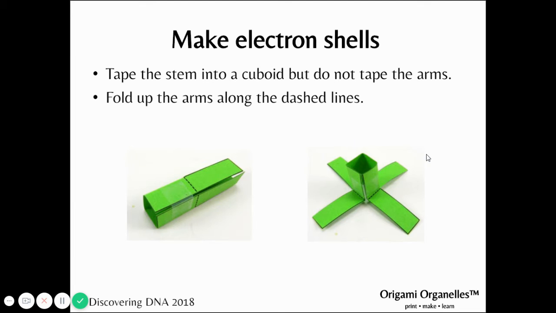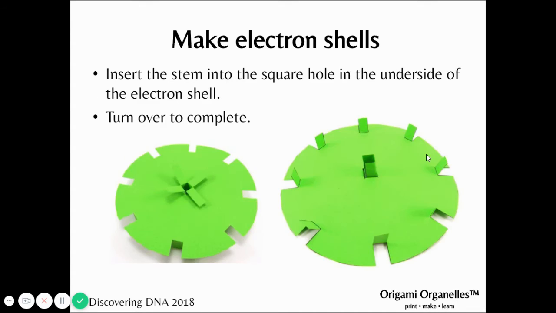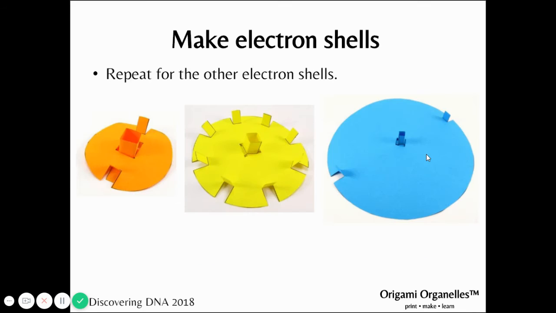You can crease along each of those lines that were being cut along those, and then tape it together and then fold the arms out like that. And then it is inserted into the center of the shell so that the arms are going out through the bottom. Now you do that for all of them.